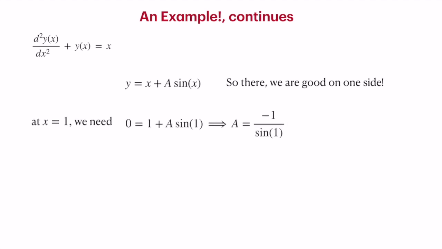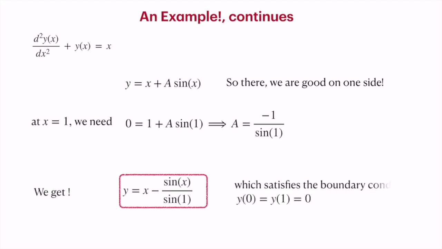So at x is equal to 1, we want y to be 0. We substitute: 1 plus a sin 1 is equal to 0. That simply implies that a is equal to minus 1 by sin 1. So once we put that, we satisfy all the conditions. The solution which satisfies this boundary condition is given by y is equal to x minus sin x by sin 1.